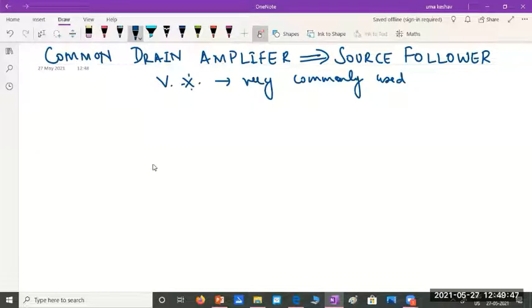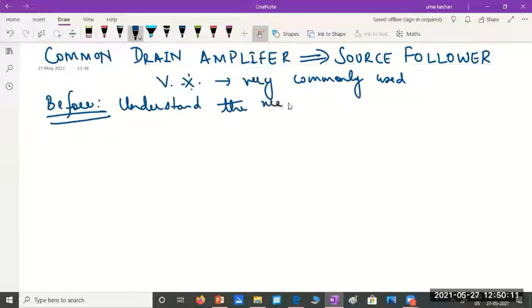Okay, so let's try to analyze this circuit. Before actually going into details, let us understand the need for this circuit.